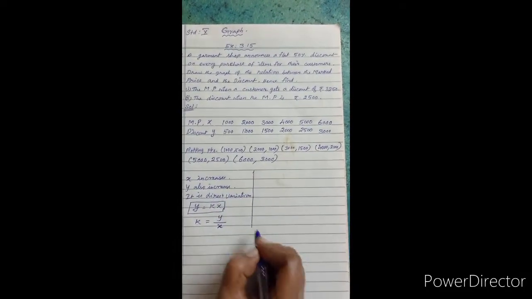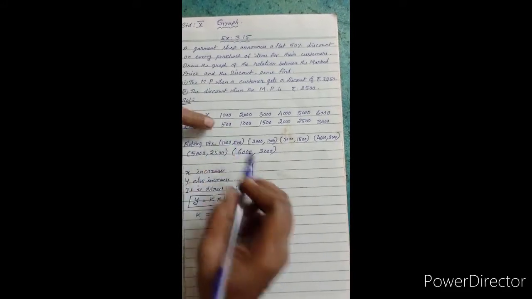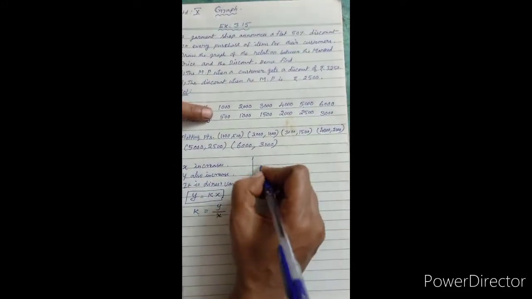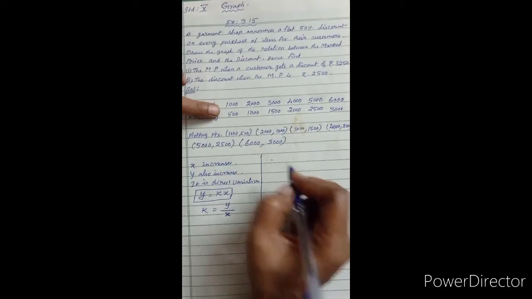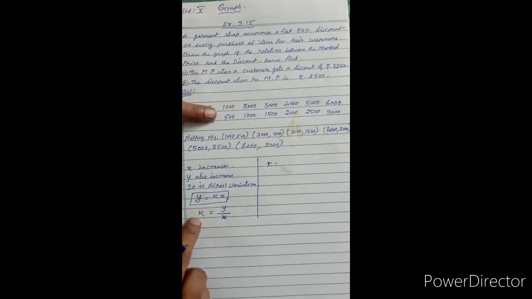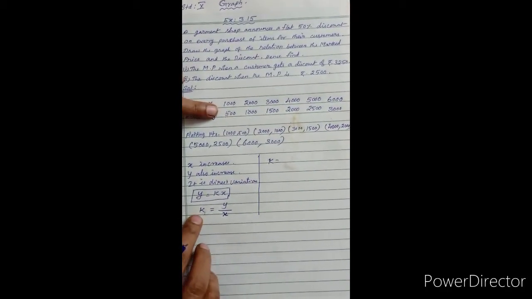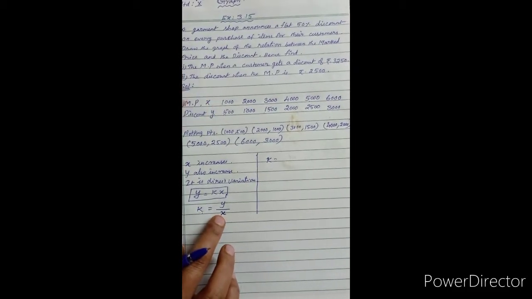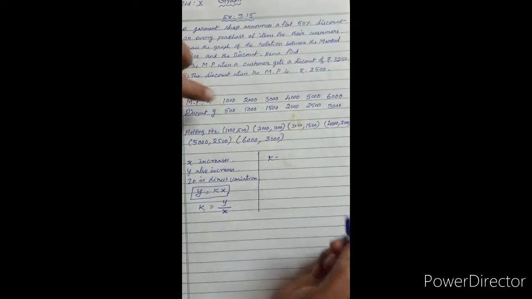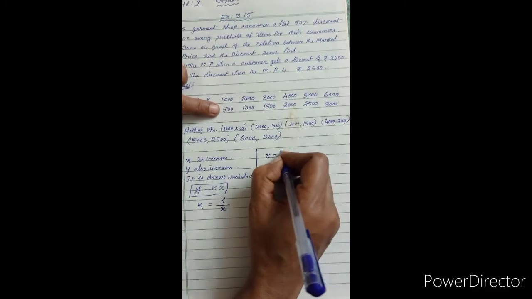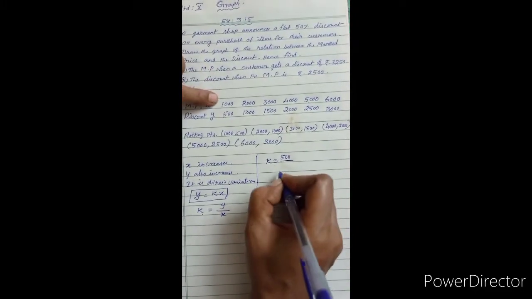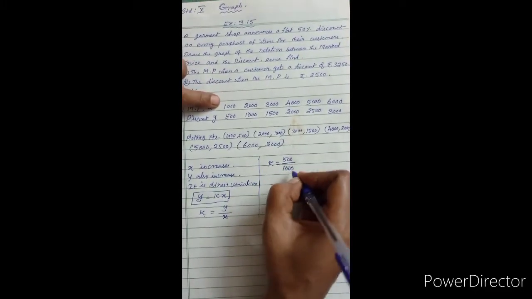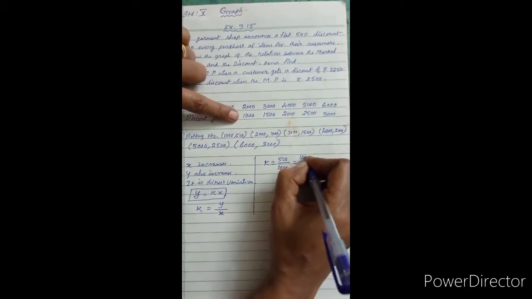In this question, Y is 500 and X is 1000, so K is 500 divided by 1000.